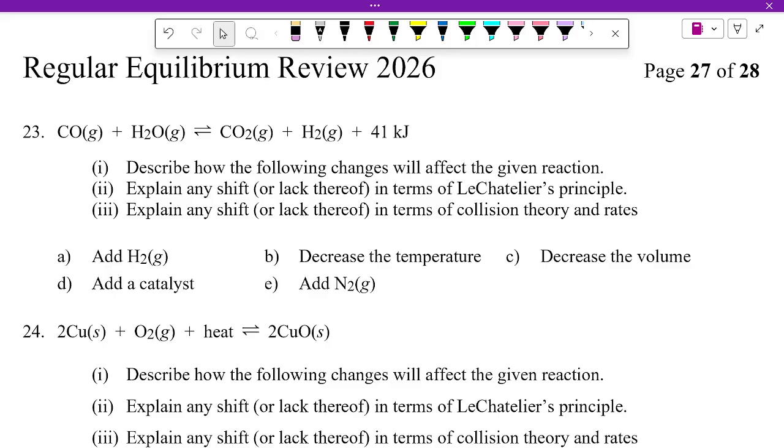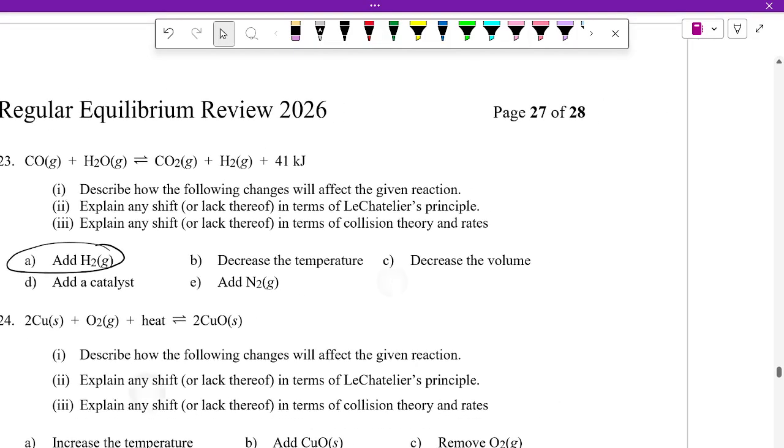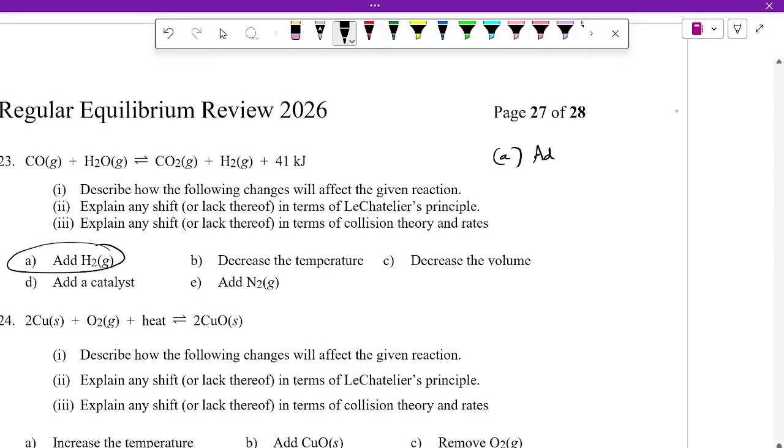Okay, so what we have is if we add H2, the system shifts to the left.